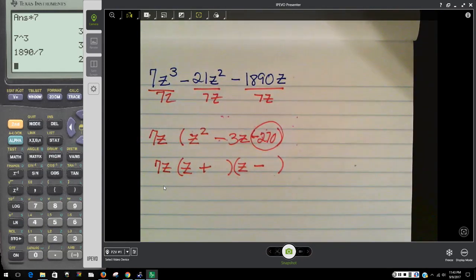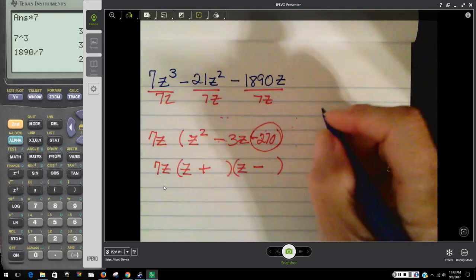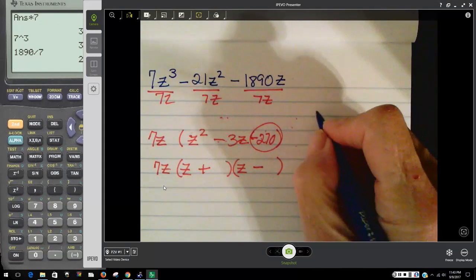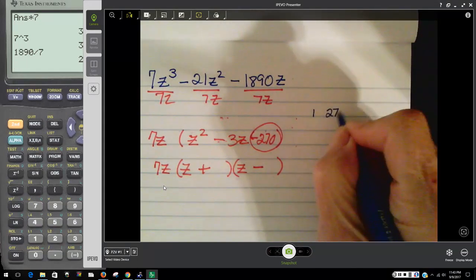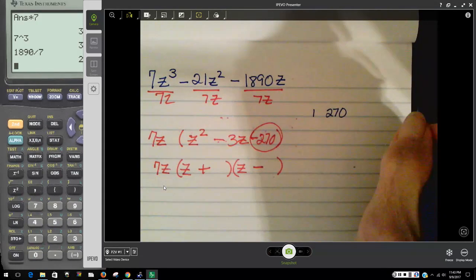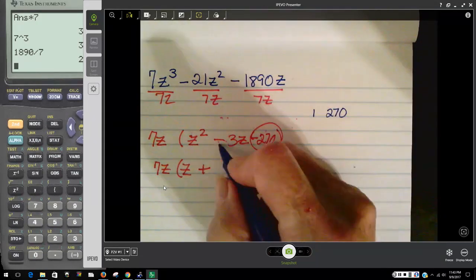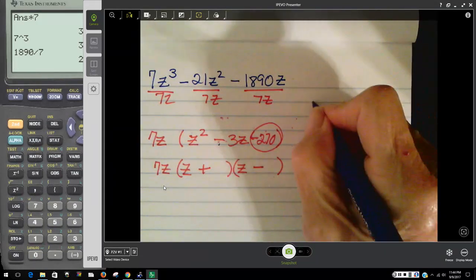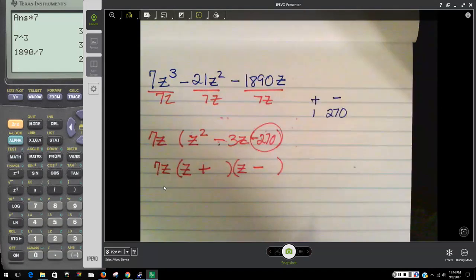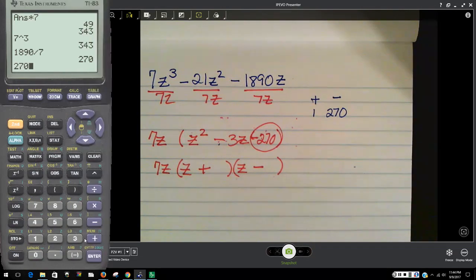Now, 270, obviously I could use 1 and 270. Okay, that would work. And I do know that because the result is negative, that these numbers are going to be the positives and these are going to be the negatives. But it obviously isn't going to be 1 and 270. And it isn't going to be 3 and 90 either.